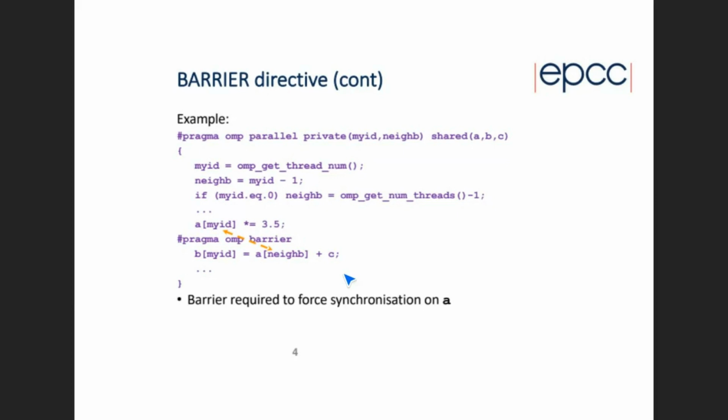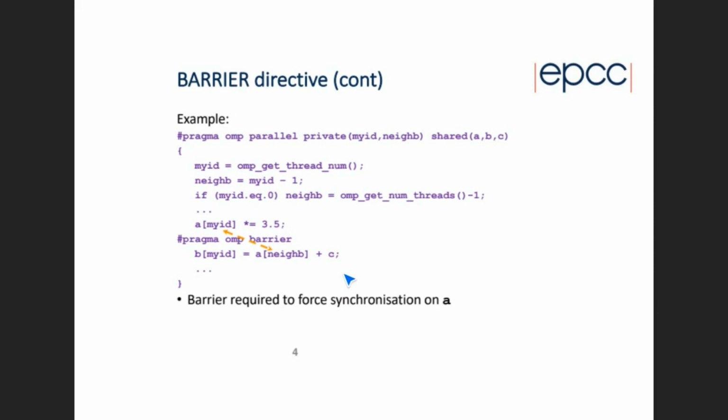OpenMP does not provide a straightforward way of doing pairwise synchronization between threads. So there really isn't a good way in OpenMP to say, okay, at this point, I want to wait for one other specific thread to reach some point in the program. That kind of synchronization is not really supported in OpenMP in a straightforward way.